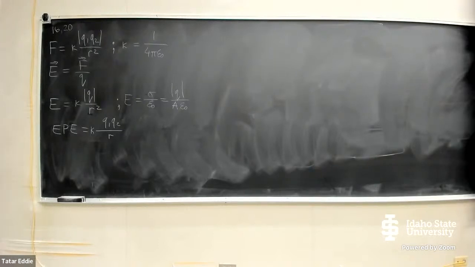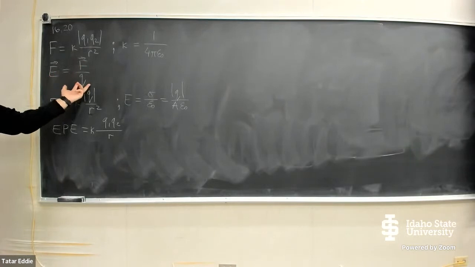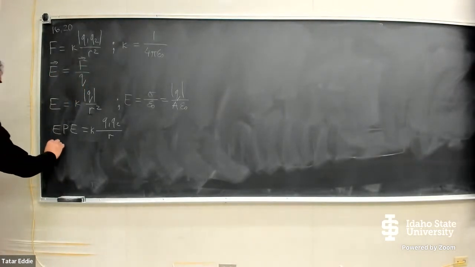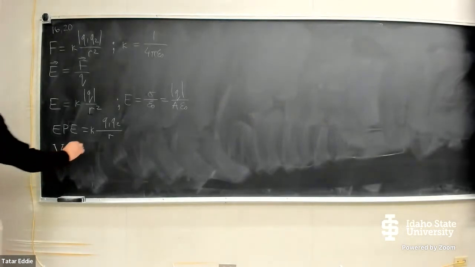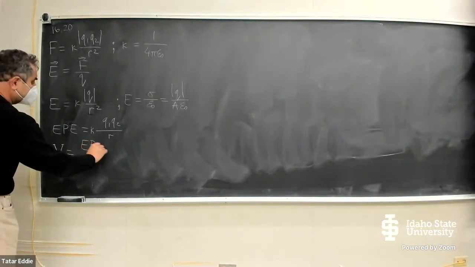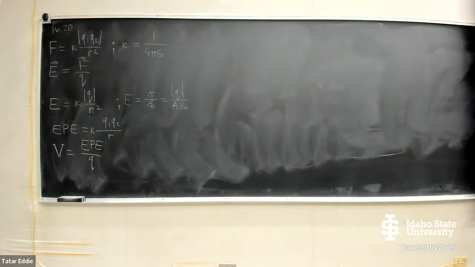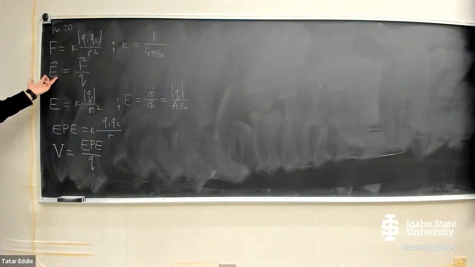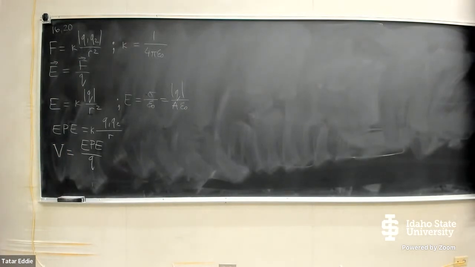Using the concept of electric potential energy, we did something similar to what was needed in the introduction of electric field. So electric field is a force per unit charge. Electric potential, or we call it voltage, is electric potential energy per unit charge. Just like electric field was force per unit charge, exactly the same story here.